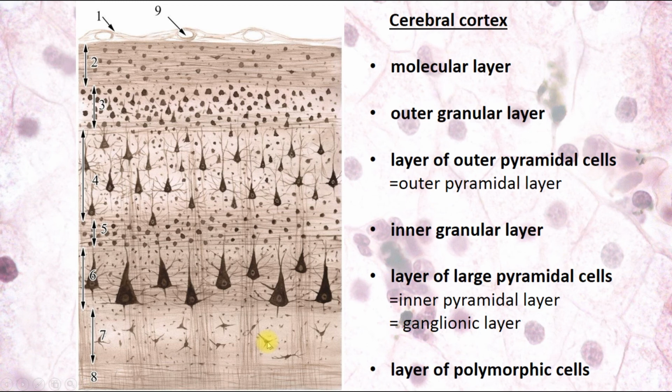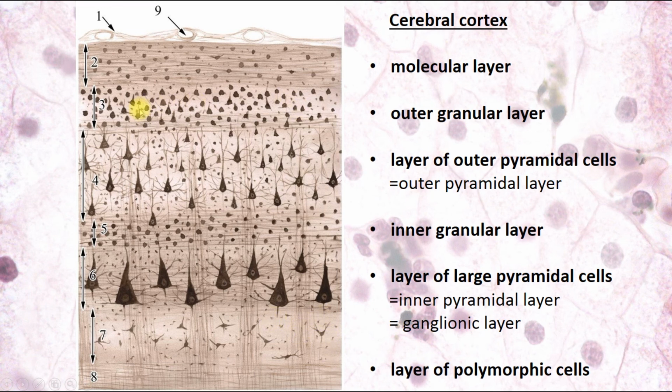Poly means numerous, different shape of those cells in the inner layer. So let's look here. The outermost layer is molecular. It doesn't have numerous cells, as well as the layer of polymorphic cells. It's the innermost layer, but those cells have very different polymorphic shape.